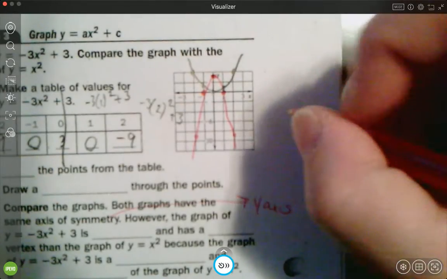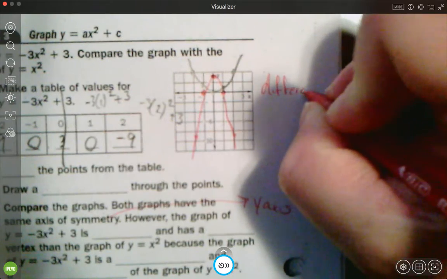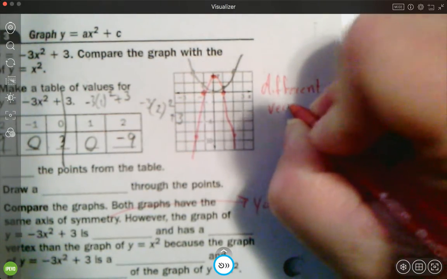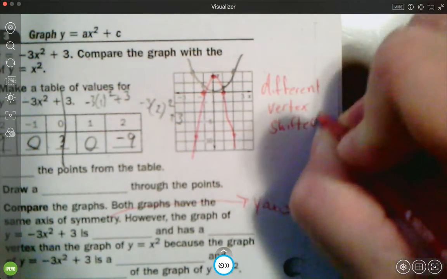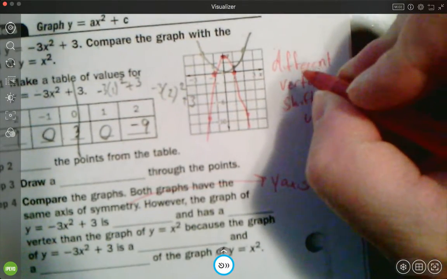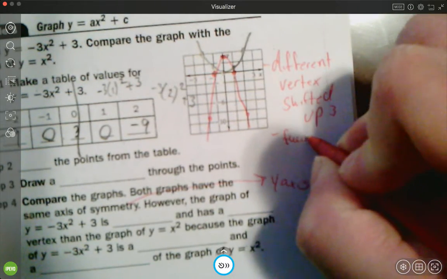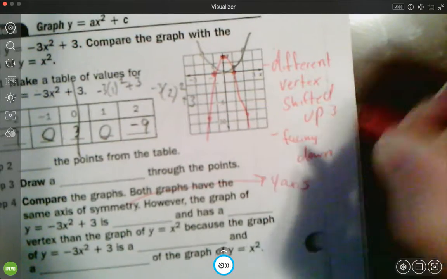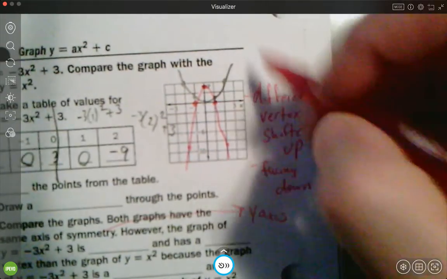So what are the comparisons you can make here? Different vertex, shifted up 3. And why did that happen? Because our c value was plus 3. And it's now facing down. What did that? The negative. And it's skinnier.